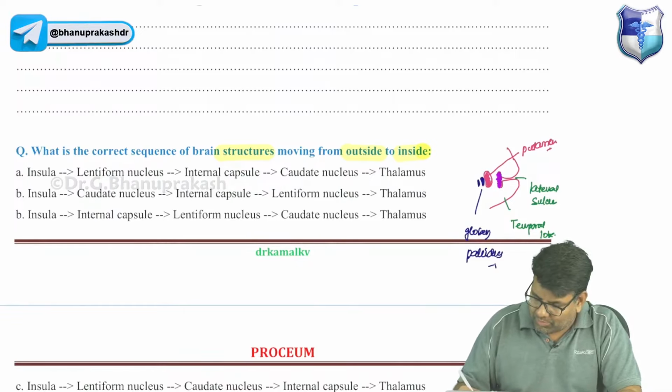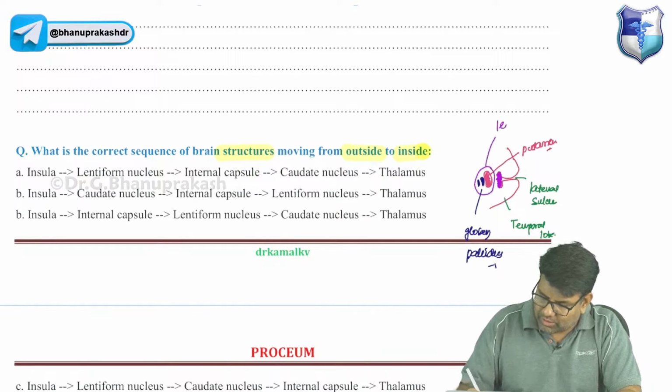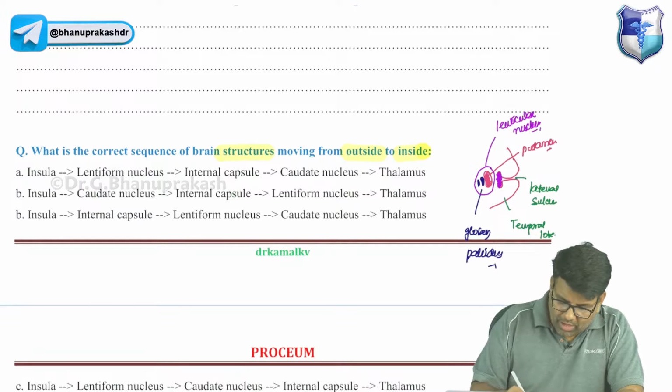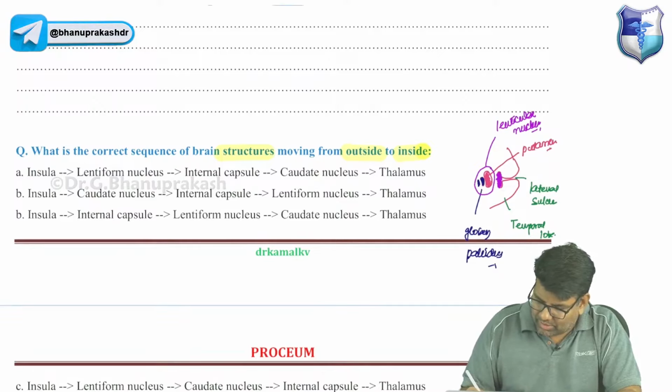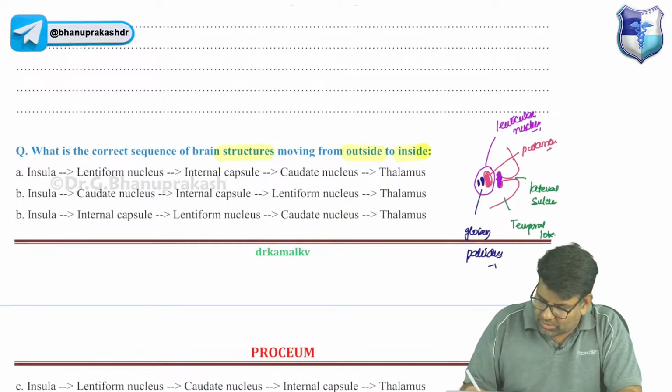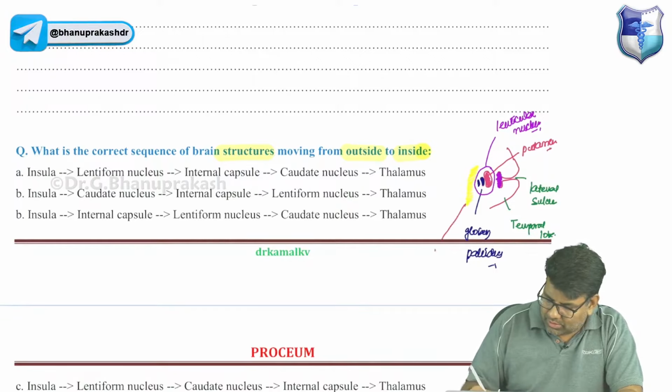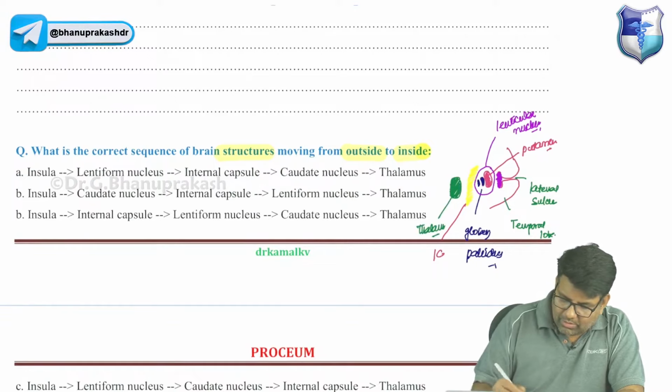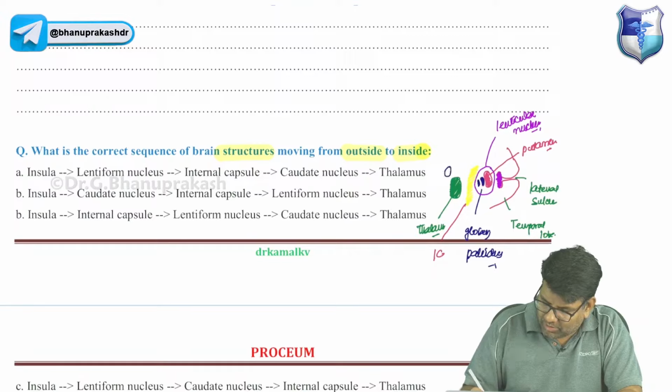Putamen plus globus pallidus is the lenticular nucleus, right? So together these two are known as lenticular. And then we have the internal capsule here. Medial to the internal capsule is the thalamus, and medial and superior to the thalamus is the caudate.